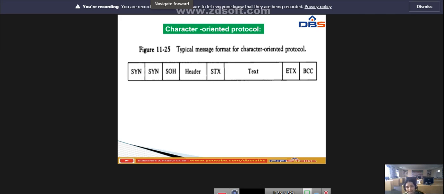In this, it is usually either longitudinal redundancy check, LRC, or cyclic redundancy check, CRC. The receiver accepts the message and calculates its own BCC. If the transmitted BCC does not agree with the BCC calculated by the receiver, it responds with a negative acknowledgement character.